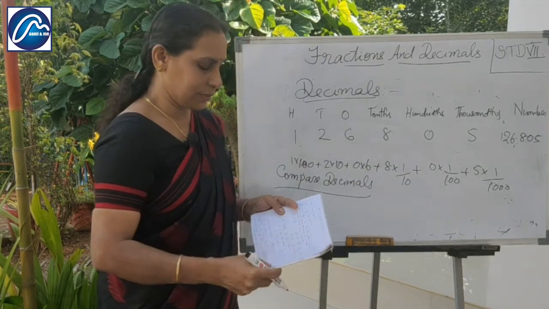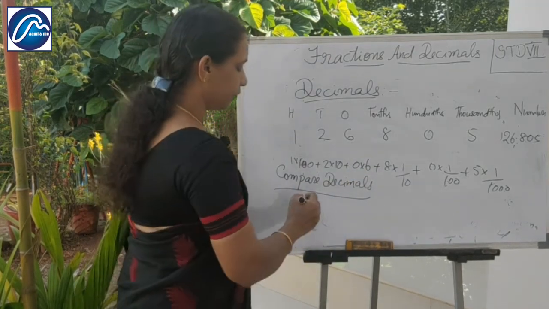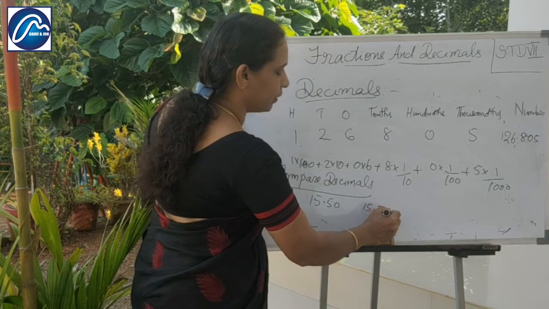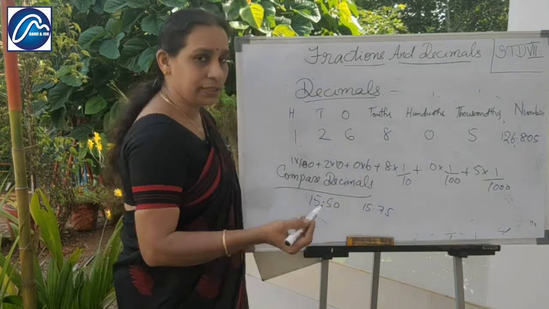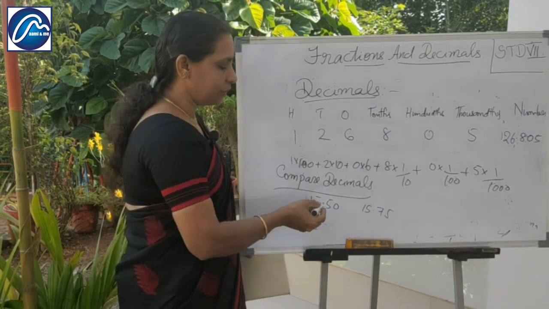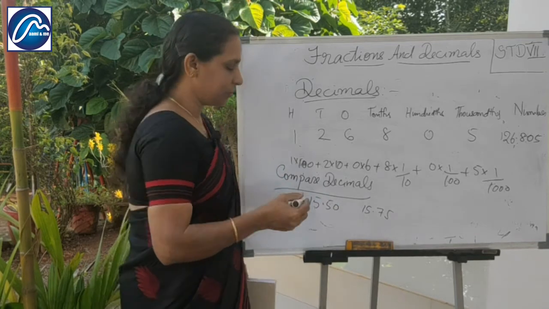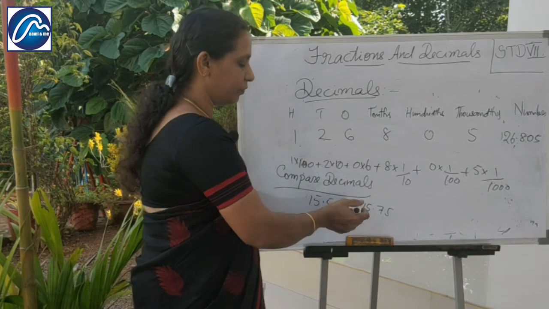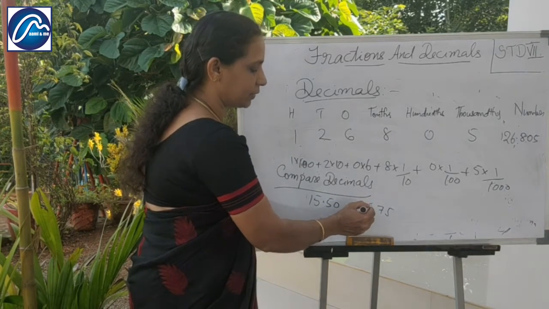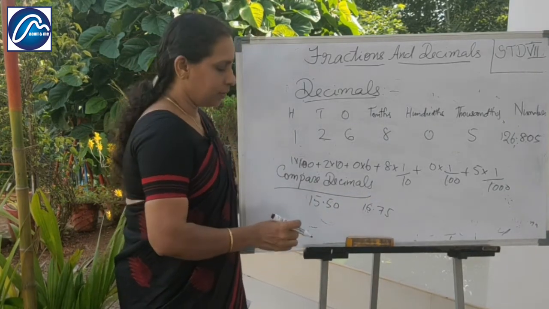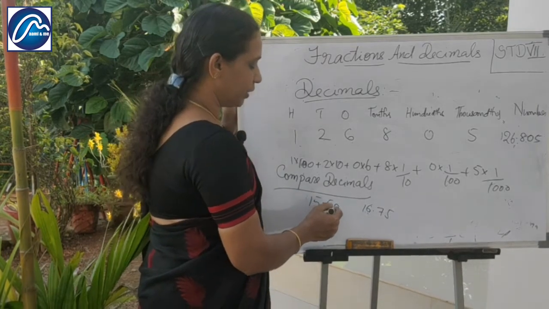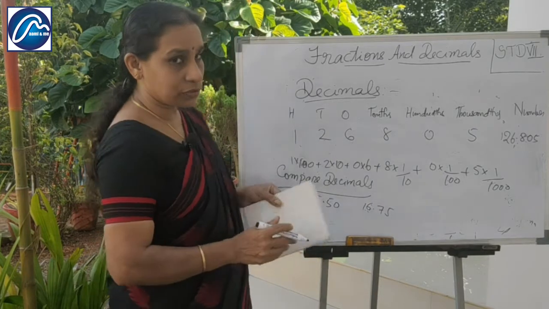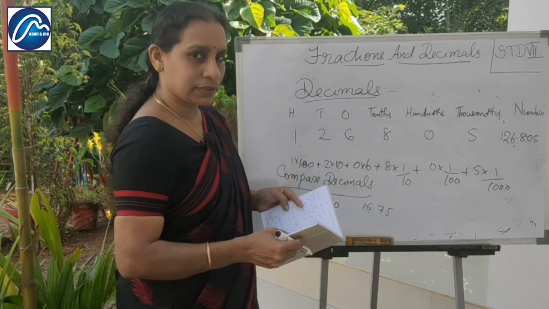I am giving you 15.50 and 15.75, which will be greater? With whole numbers, we used to count from ones, tens. So if it is 15 and 15 here, let's assume 16 here, then you will tell this is more, right? But here, 50 or 75, which is greater? 75.